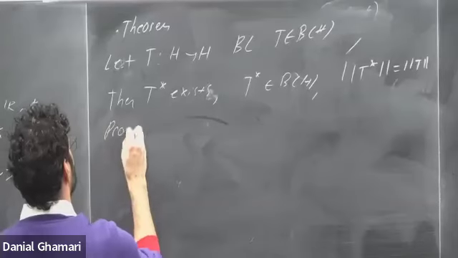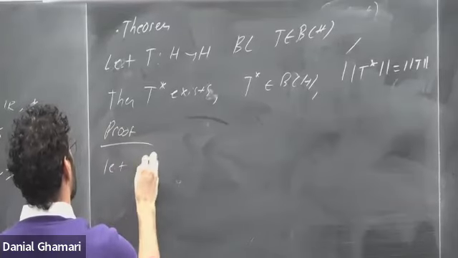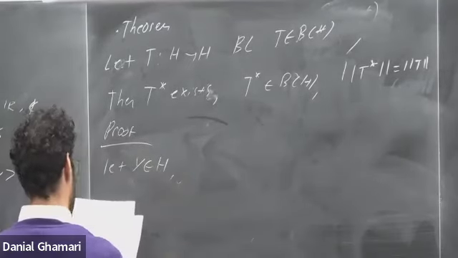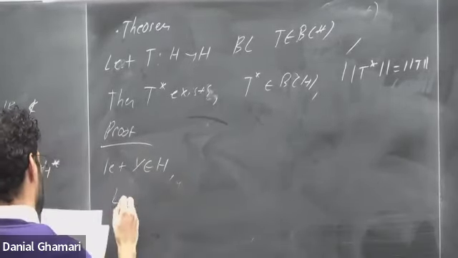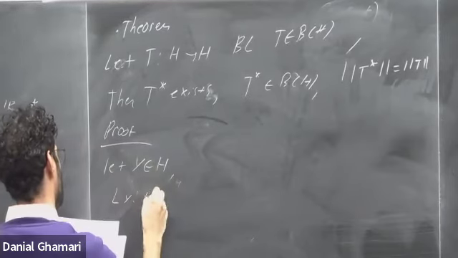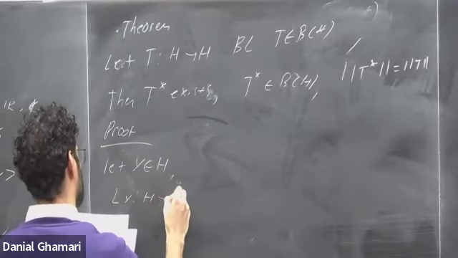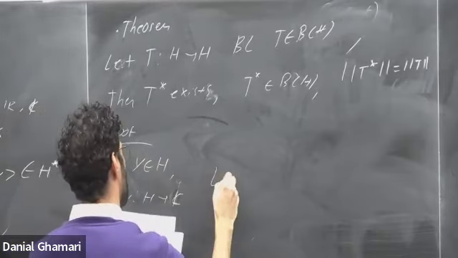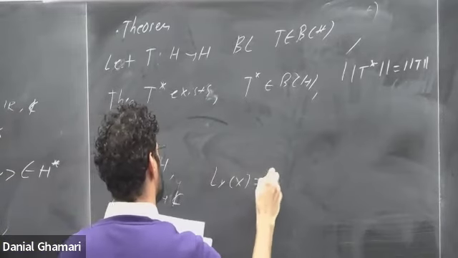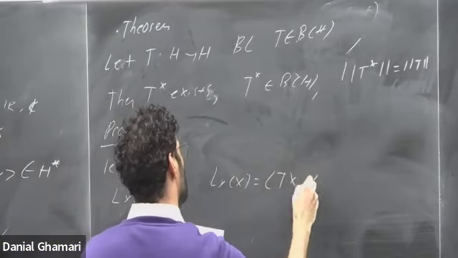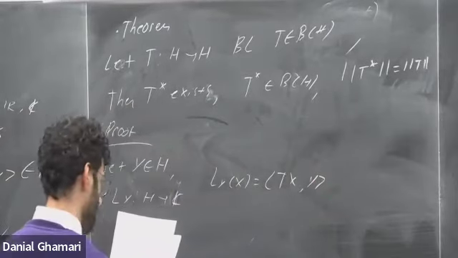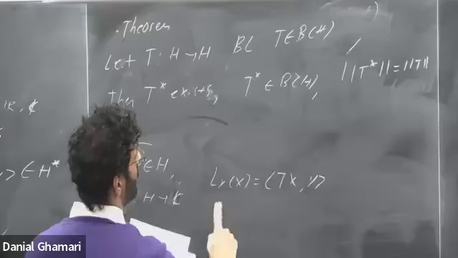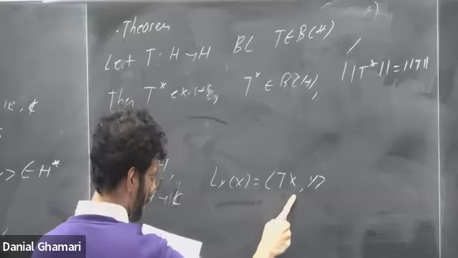So let y be an element of H. And then we're going to define this operator Ly from H to the complex numbers given by Ly of x is equal to the inner product of T x with y. All right, so here we can see that because T is bounded linear, this operator is also linear.